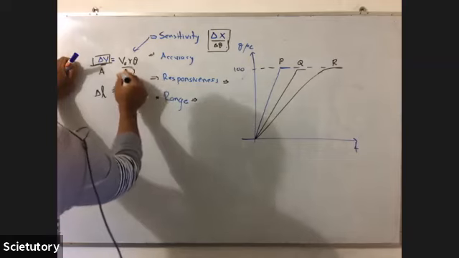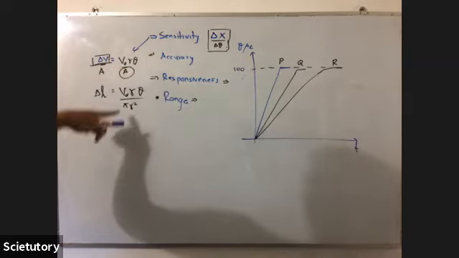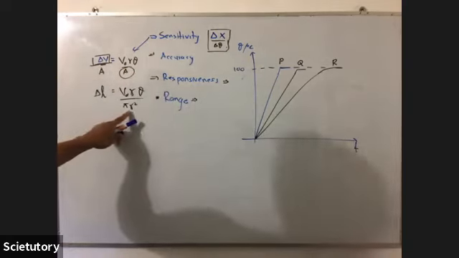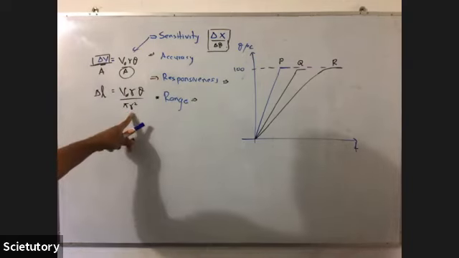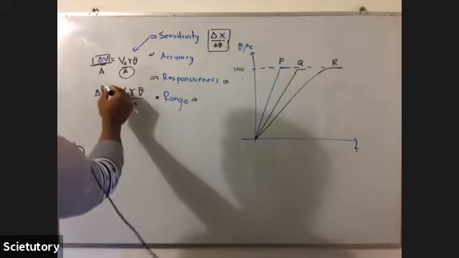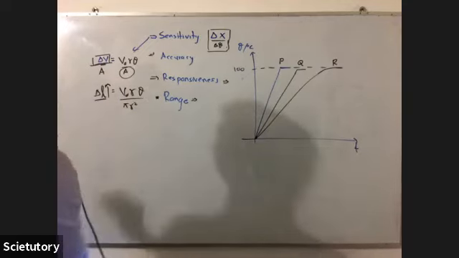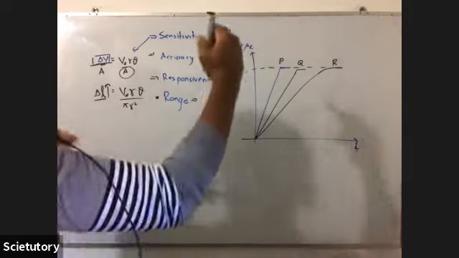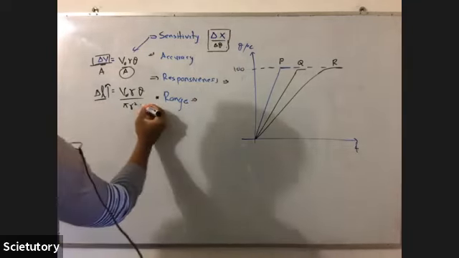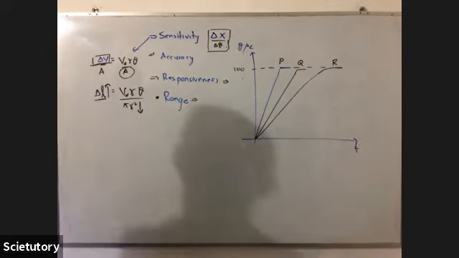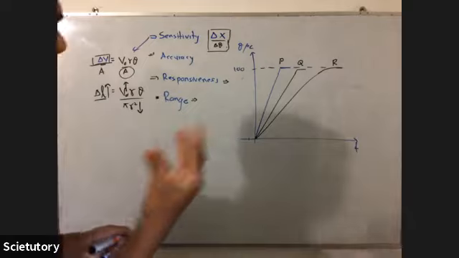So I am putting this A as pi r square because usually what we compare is the radius of the capillary tube, no? So to increase the change of the thermometric property, which is change of length, you should decrease the radius and you should increase the volume of the mercury.